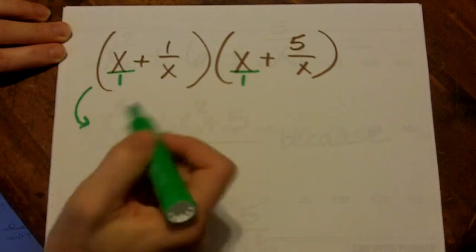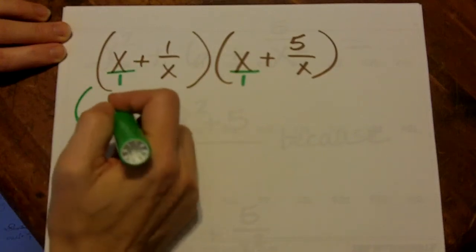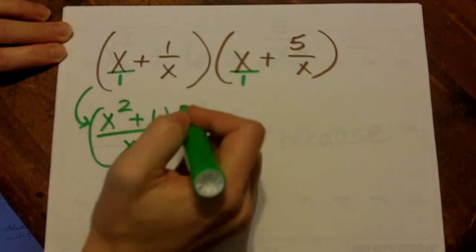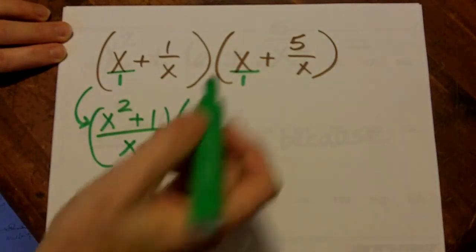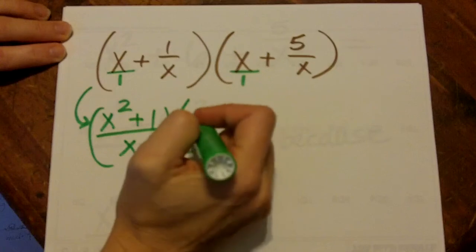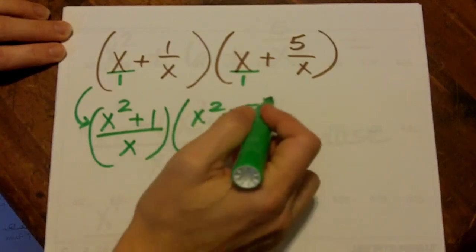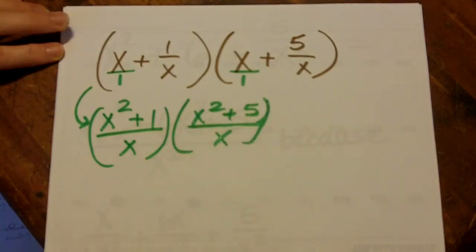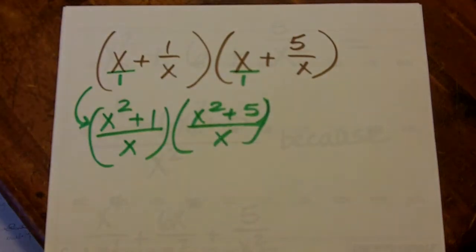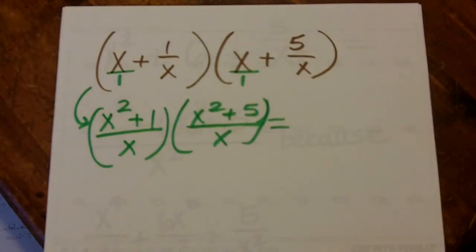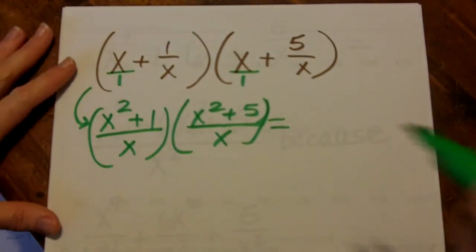So I'm going to rewrite this one as x squared plus 1 over x. And I'll rewrite this addition problem as x squared plus 5, over x. Now when I do that, I unfortunately have to solve this, which seems like an ugly kind of ordeal, but it is possible.